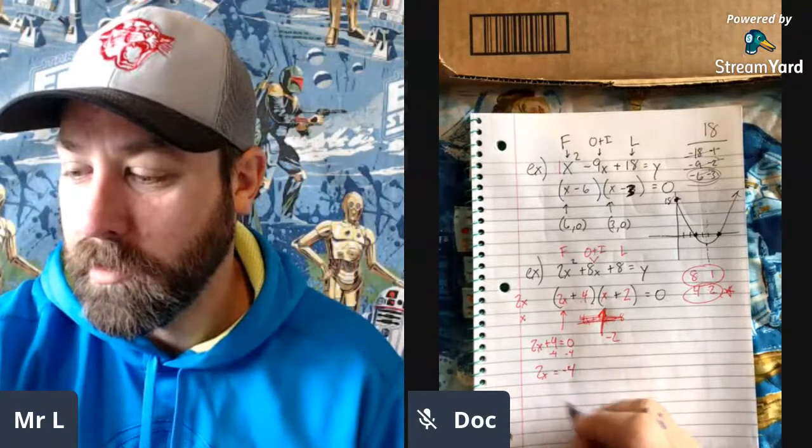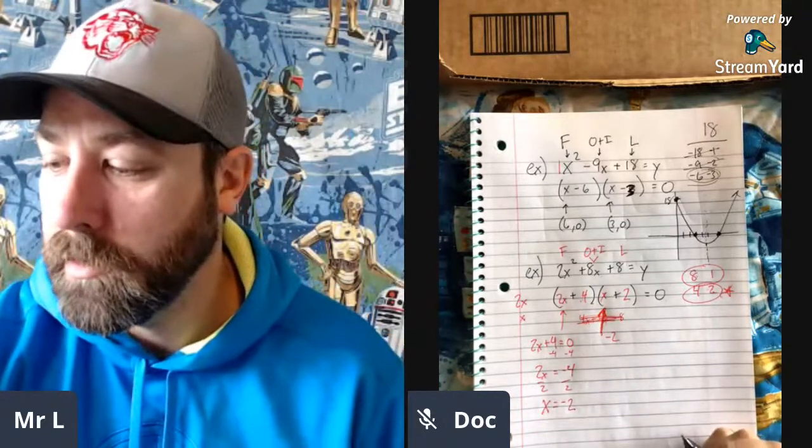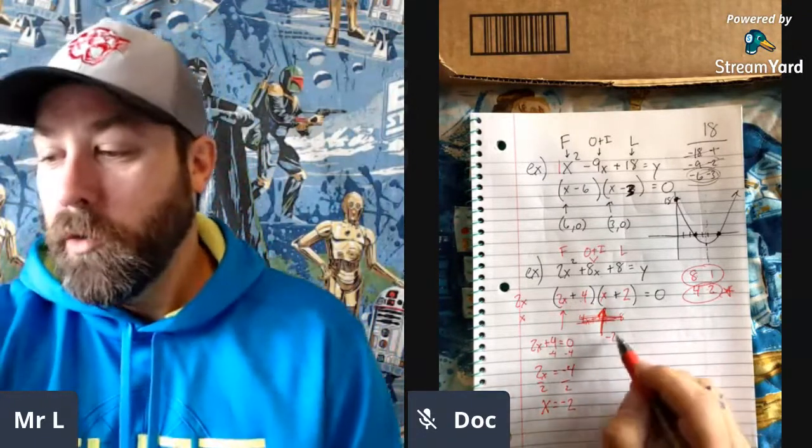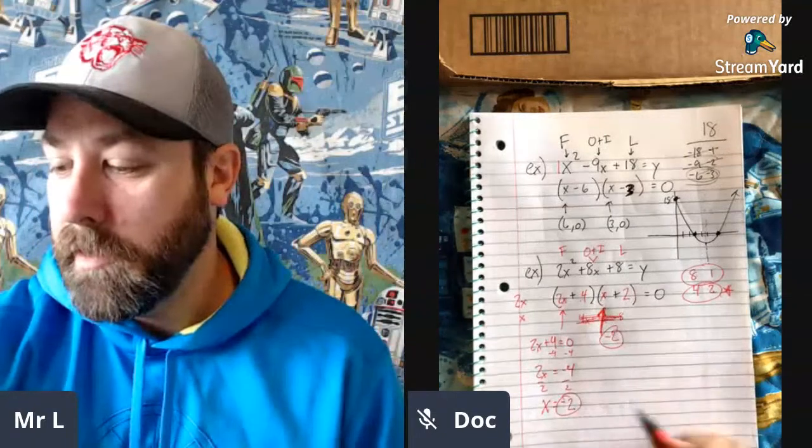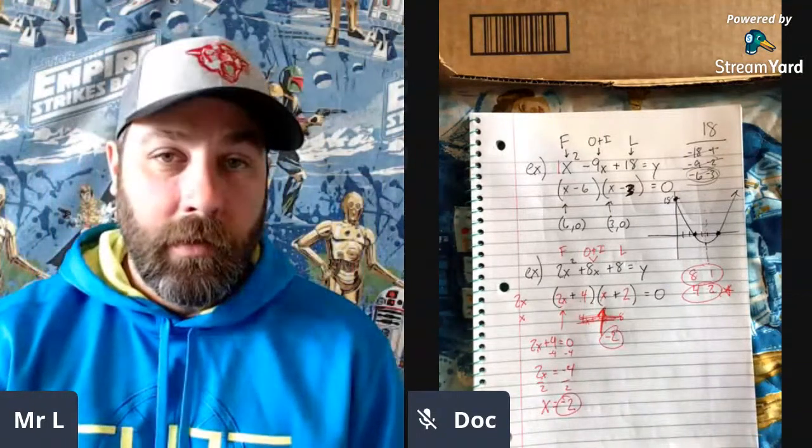So I subtract 4 from both sides to get 2x is equal to -4, divide by 2, and x is -2. So when you have x-intercepts that are the same number, that just means you only have one intercept.